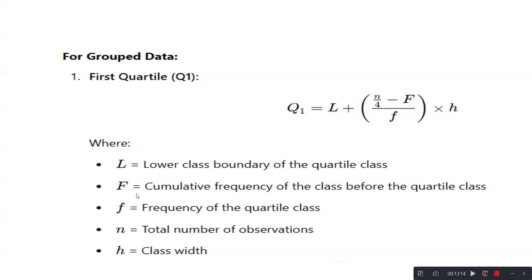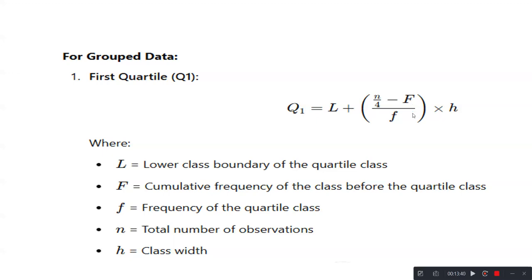Then cumulative frequency is f, and this small f is the frequency of the quartile class, n is the total number of observations, h is the class width. So the first quartile is equal to L, the lower class bound of the quartile class, plus n out of 4 minus the cumulative frequency of the class before the quartile class.